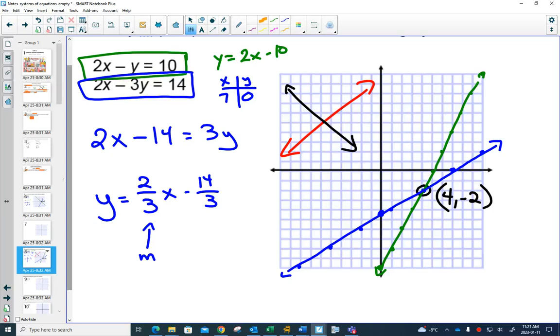So method number one, graphically, is only nice when things work out nice. And sometimes they work out nice, but even the equations aren't nice in the process. So in this example, I showed you that sometimes we have to find at least one nice point, and then we can use the slope to find other nice points.